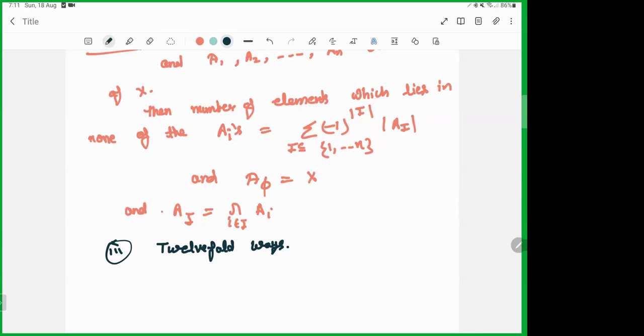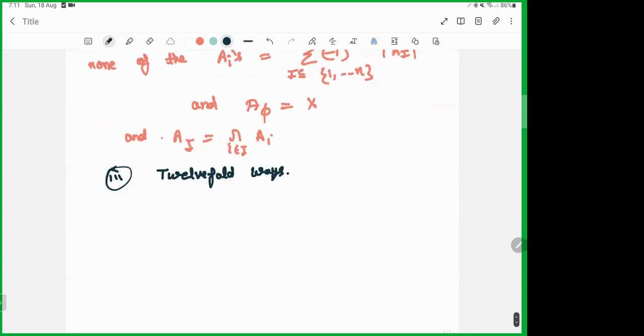You can put conditions like balls are labeled, or boxes are labeled, or both are labeled, or none of them labeled. These are four conditions. Then you can put a condition that each box contains at least one ball, each box contains at most one ball, or there is no such condition and a box can contain all balls or none. So there are 12 such cases; these are the twelvefold way. We have done this in class.